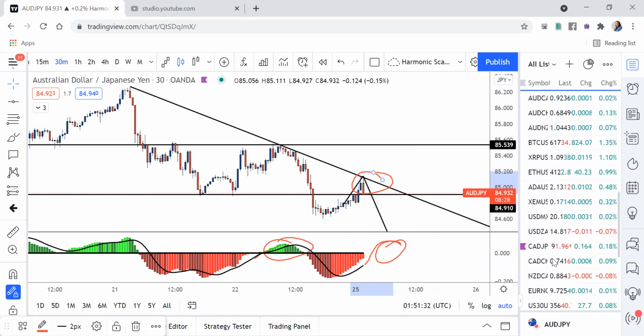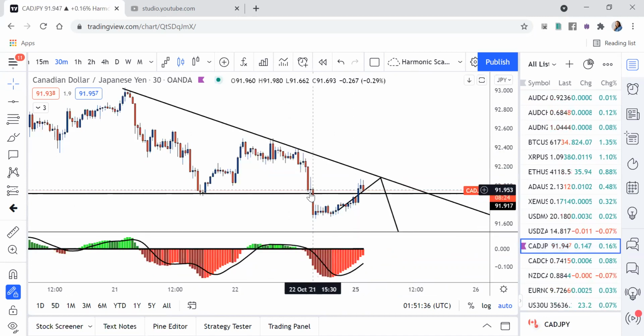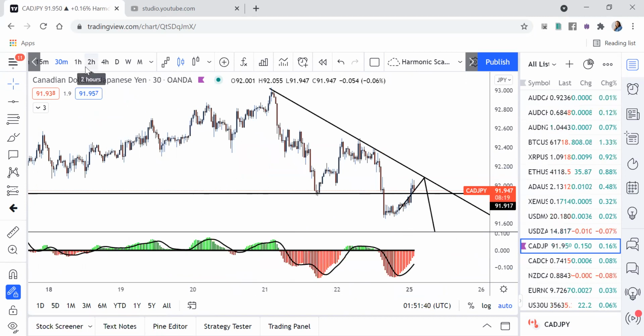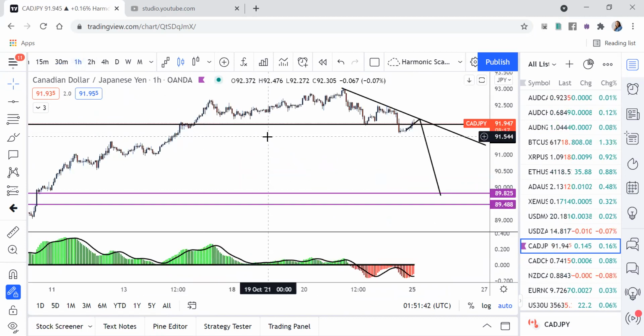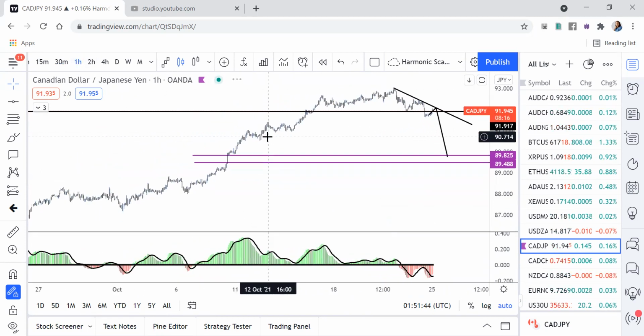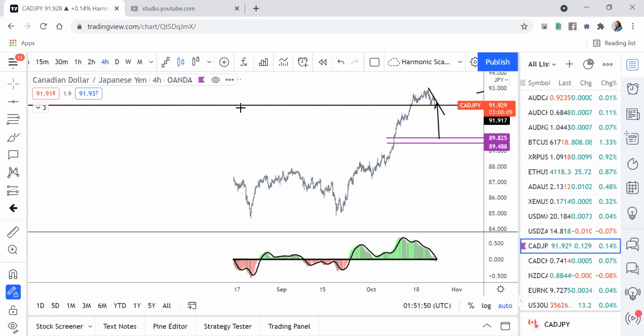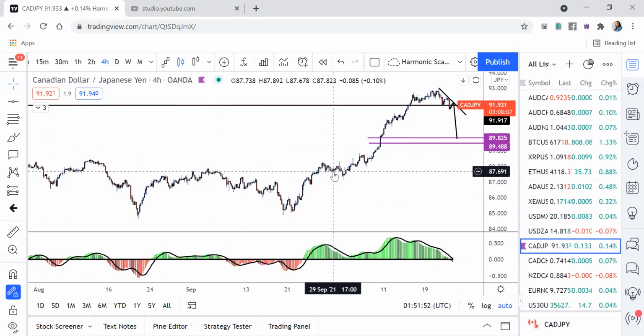And last but not least, on the JPYs, same thing for CAD JPY. So let's look at CAD JPY first. Similar situation. The 1 hour low is down here. The 4 hour low is down here, and the high is here.